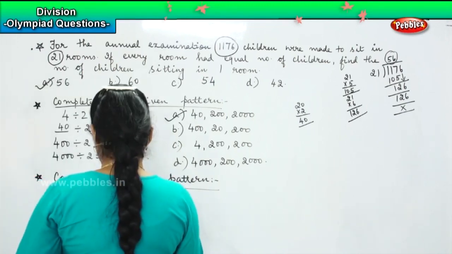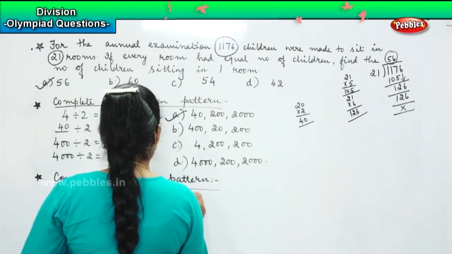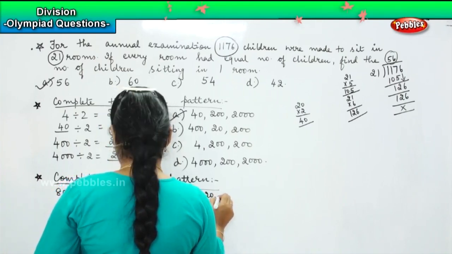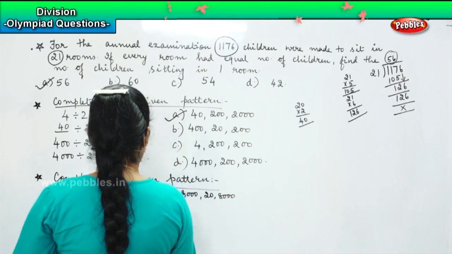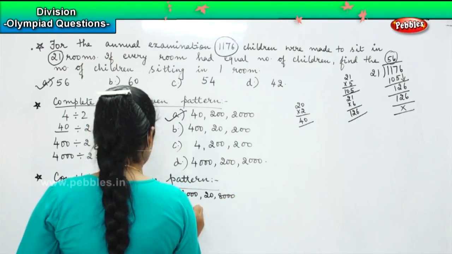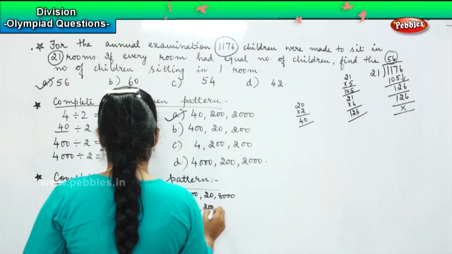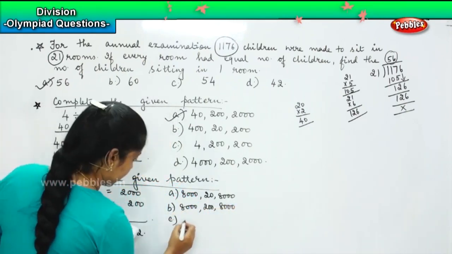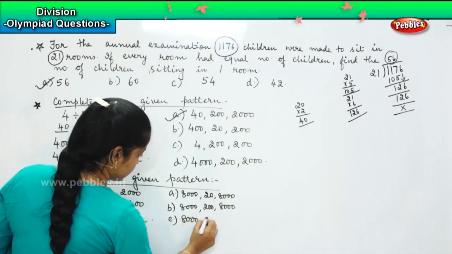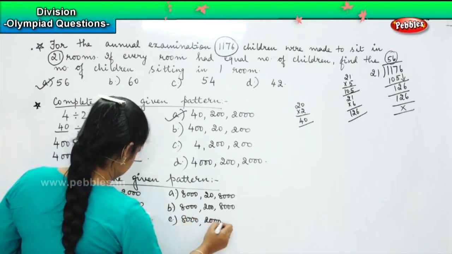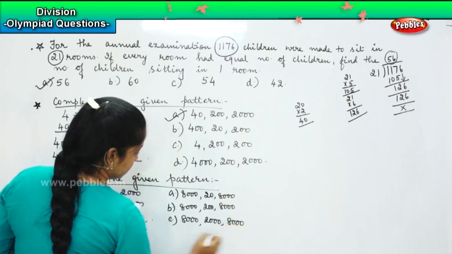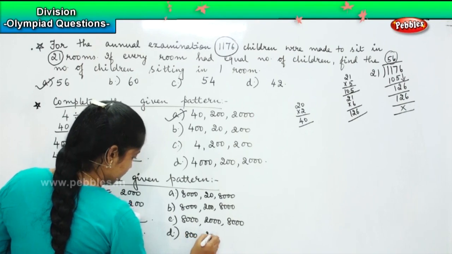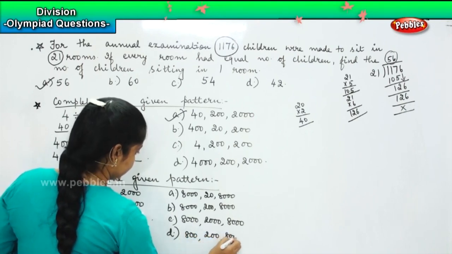And your options are A, 8000, 20, 8000. Option B, 8000, 200, 8000. Option C, 8000, 2000, 8000. And option D, 800, 200, 800.